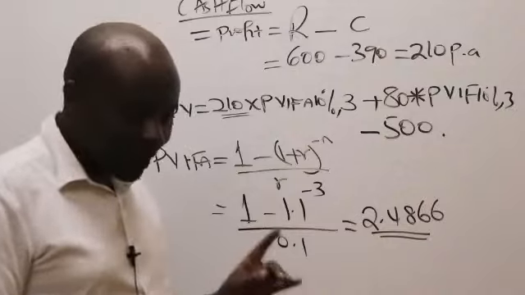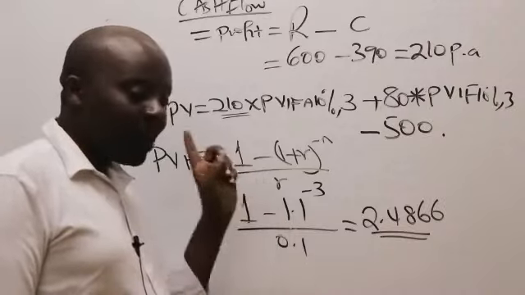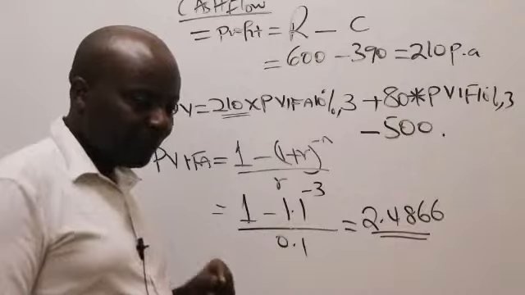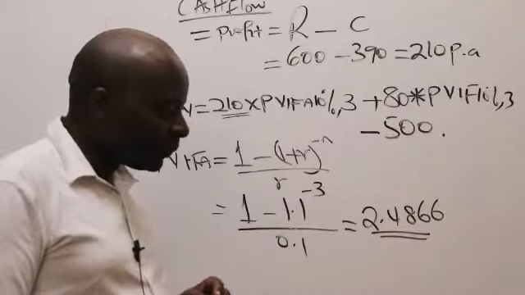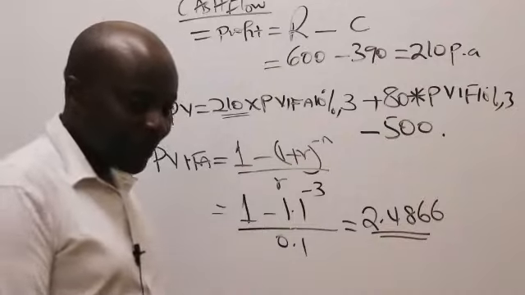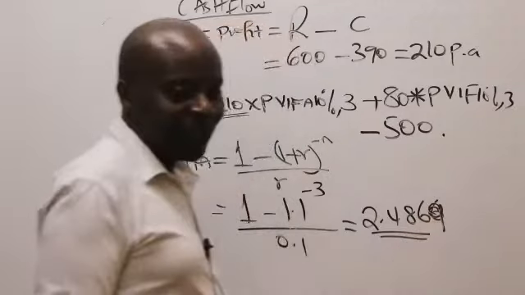Let's confirm again: 1 minus 1.1 raised to minus 3 equals. Okay, sir, mine is 2.4869. Yeah. Thank you.